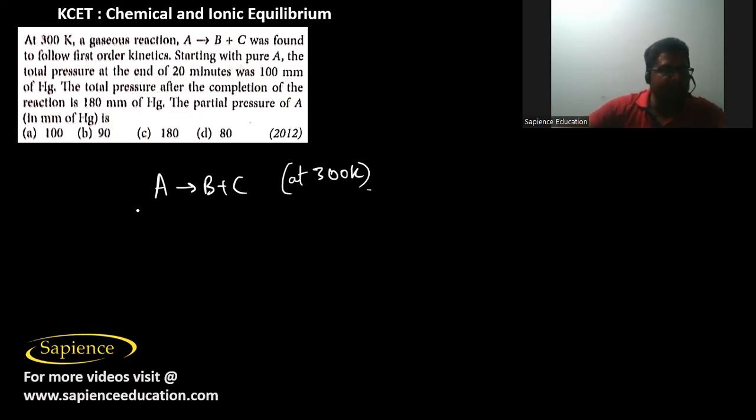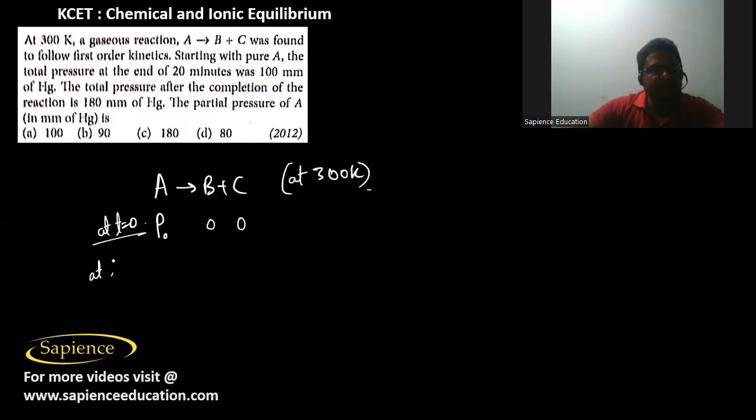So let's suppose the initial pressure of A at t equal to 0 was P naught, and the initial pressures of B and C will be 0 only, since B and C were not formed initially.